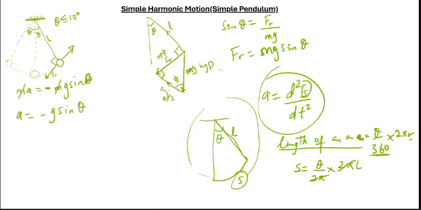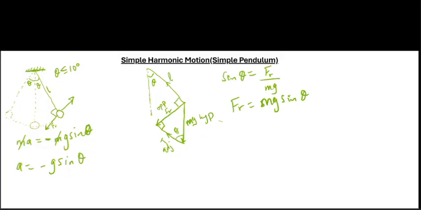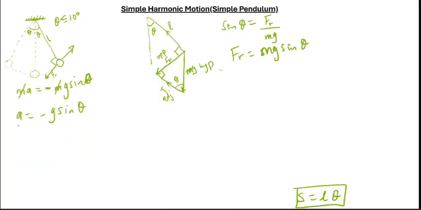Then 2 pi cancels 2 pi, and s equals l theta. But what I need is not s, I need the acceleration, which is the second derivative of this with time. Theta is also a function of time, since when we release it, the displacement decreases with time.